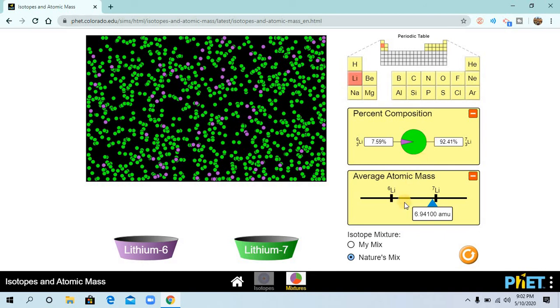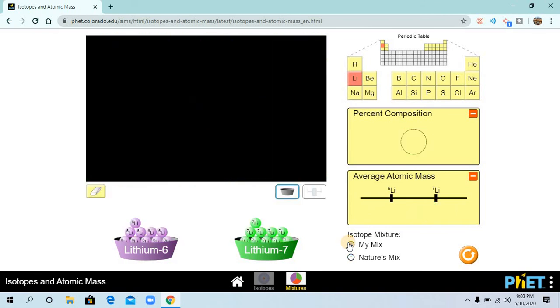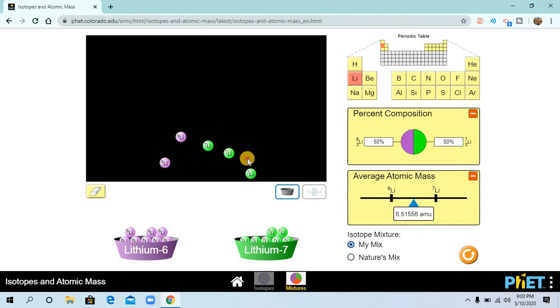So this is all about the nature mix, and the mass is almost close to 7, because more lithium isotopes with atomic mass 7 are present in nature, right? And you can try preparing your own mix, like what we did previously. You can keep working on it until you are clear. I hope most of you got the idea about isotopes and atomic mass.